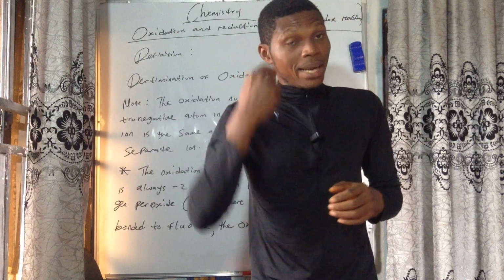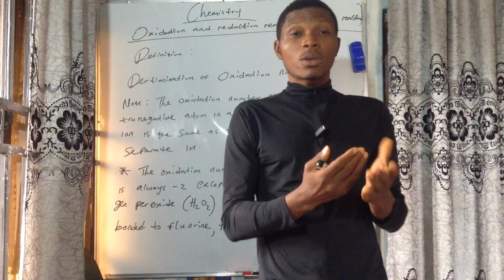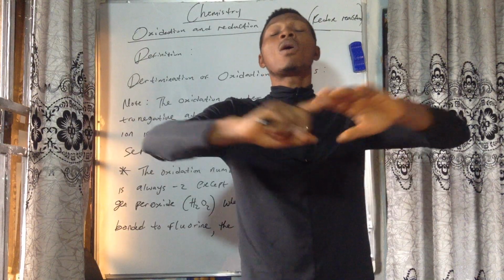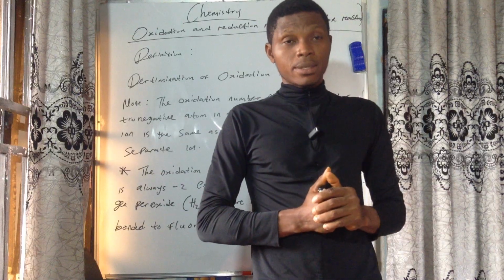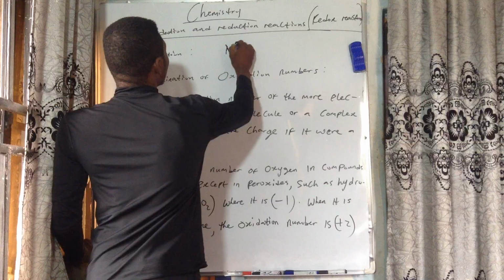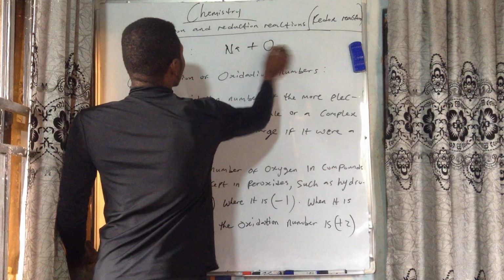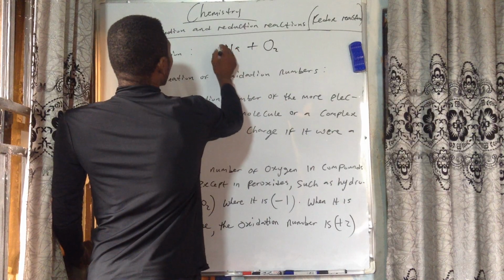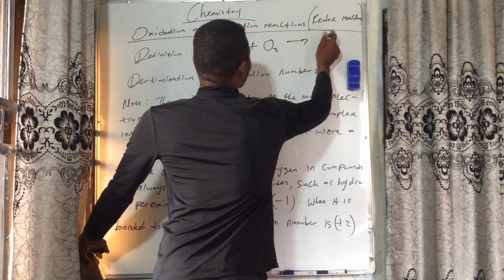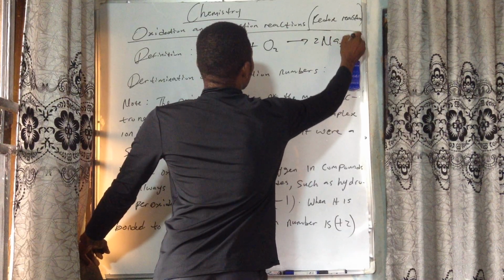Oxidation can also be defined as the addition of oxygen to a substance, like in most combustion reactions, like in all combustion reactions. Now, take for instance, when sodium is burned in the presence of oxygen, it will give us sodium oxide.